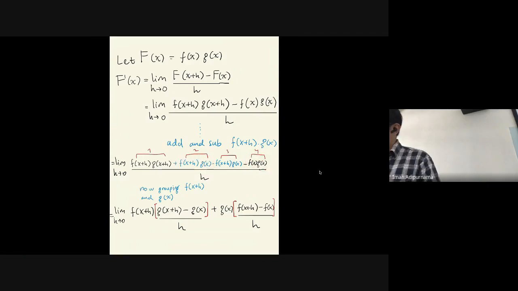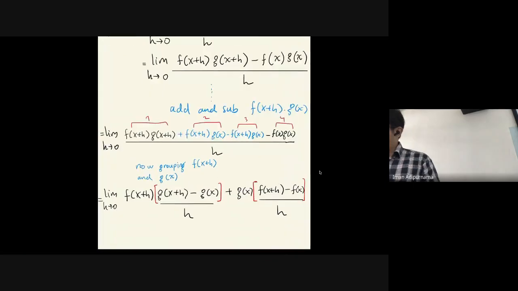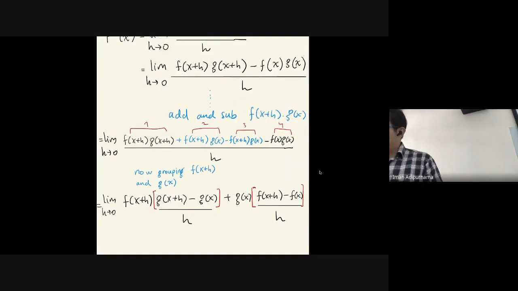So in the middle it will become g(x+h) minus g(x), and the last one is f(x+h) minus f(x), and all divided by h. I separate the h. It's the same as all together, but I want to make sure that you get my idea here.